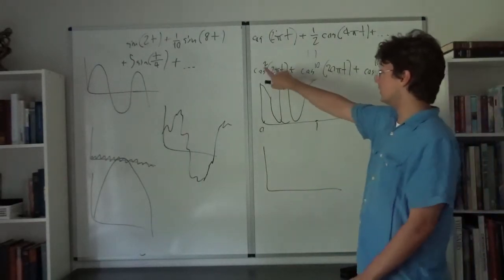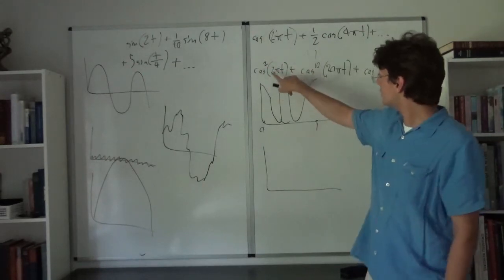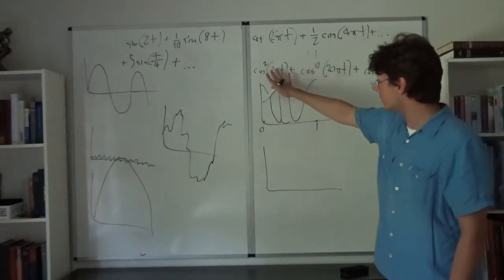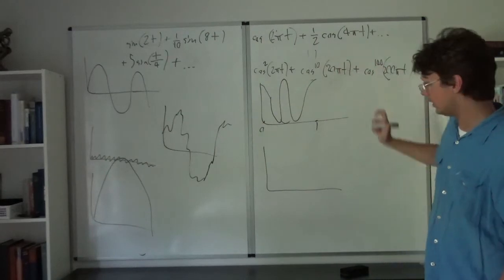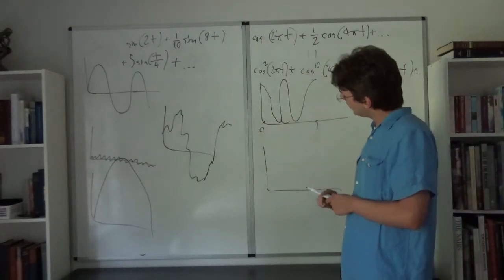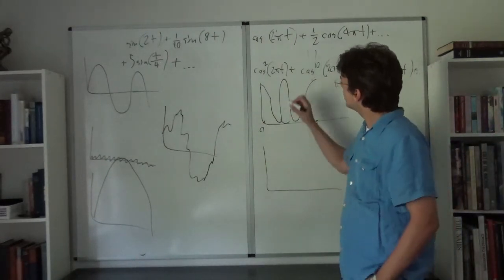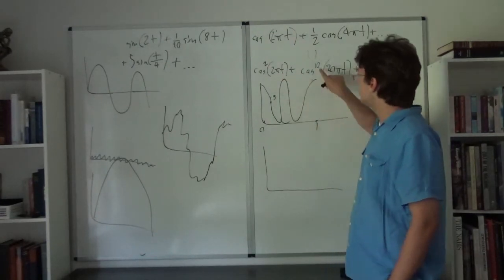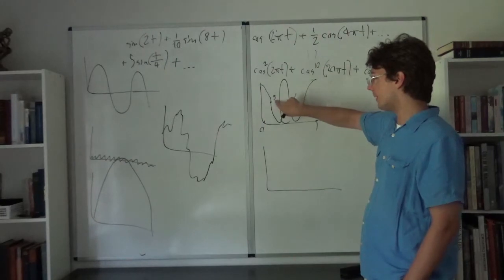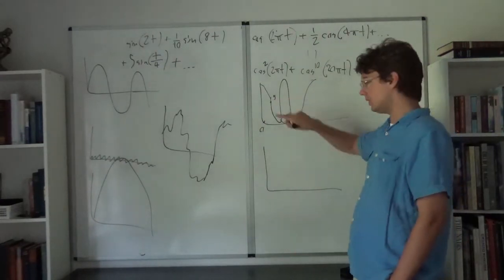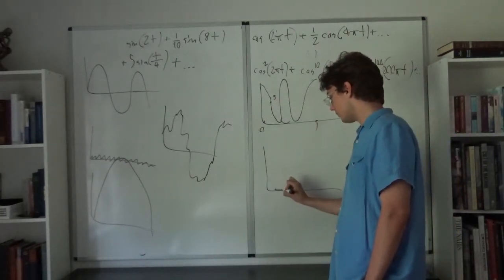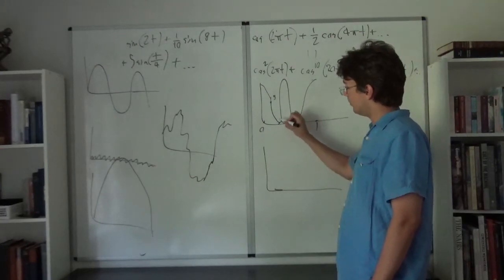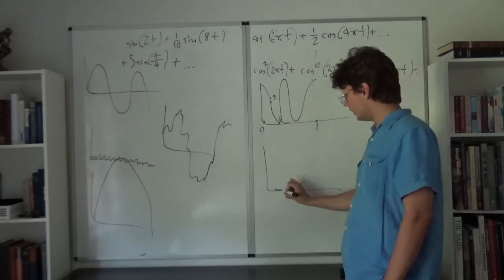Let's just say I took this to the 10th power instead of the second. What would this look like? And then I'll add in maybe extra frequencies there. Well, that would look like something like this, where right here at 0.5, I would take the 10th power of that, right? And 0.5 to the 10th power is really small. And, well, here's 0, and 0 to the 10th power is really small.